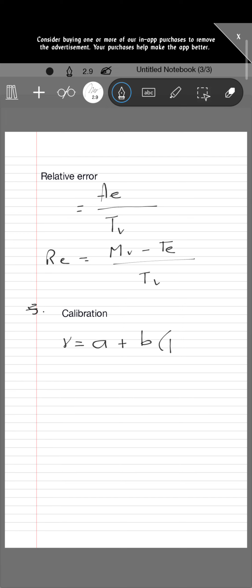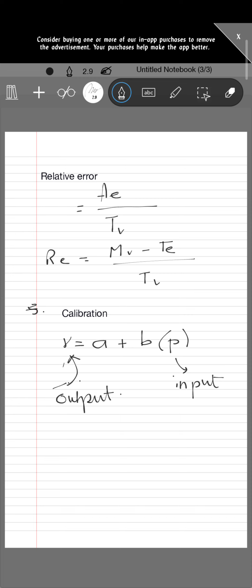So we are using the same equation but with different parameters. Here gamma is the output, and p is the input. Previously it was being represented by capital S and small s. Now it's gamma and p.